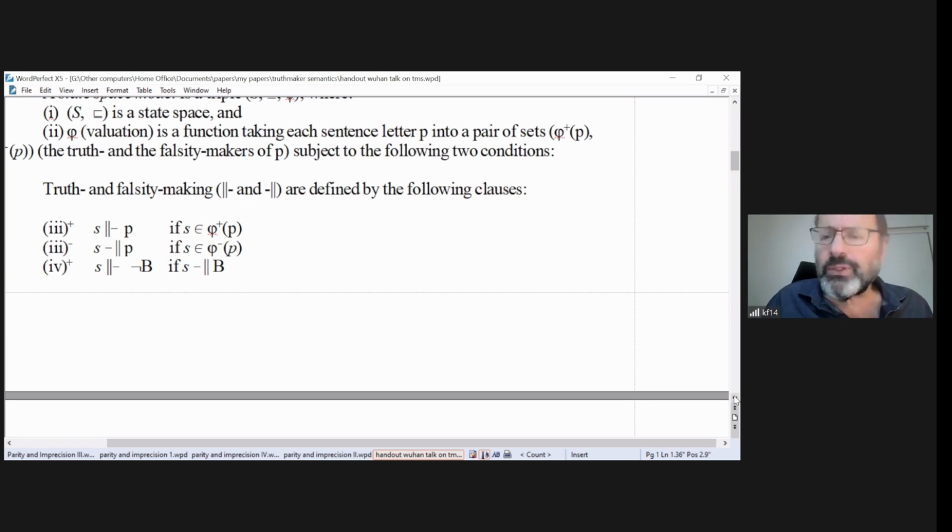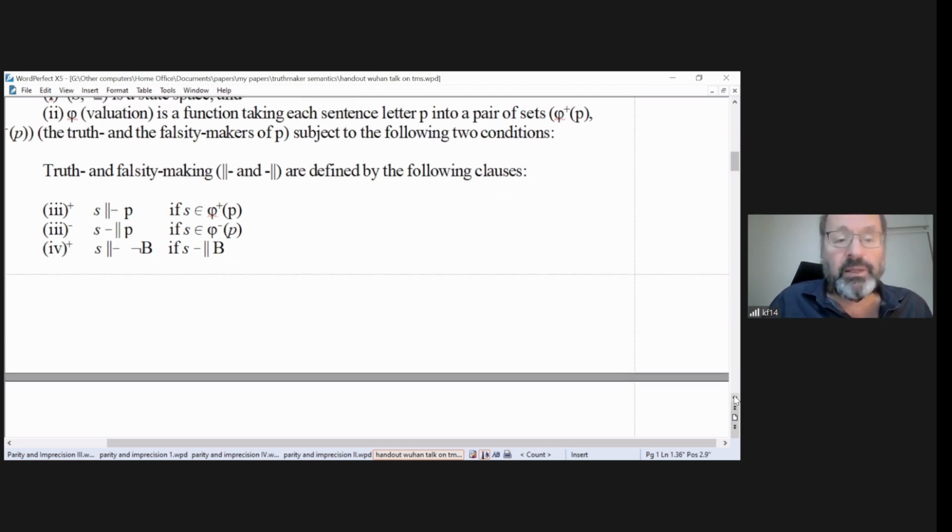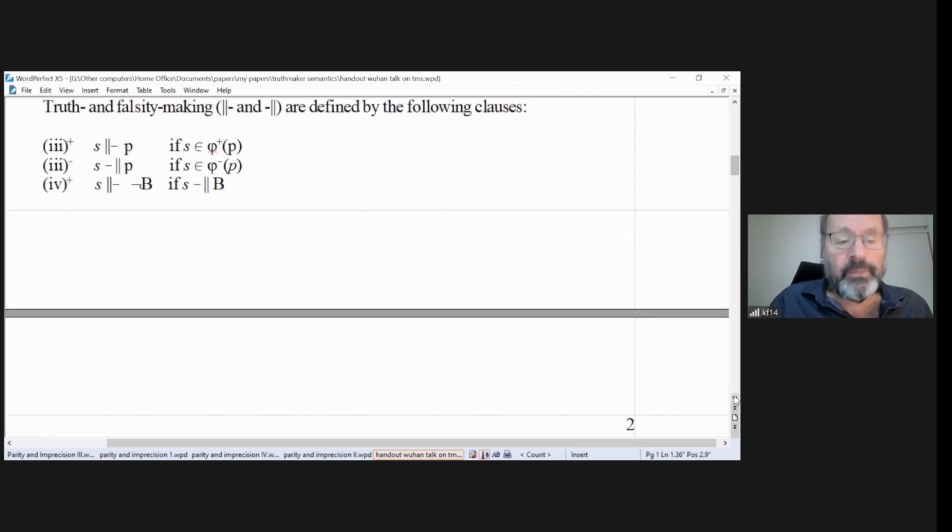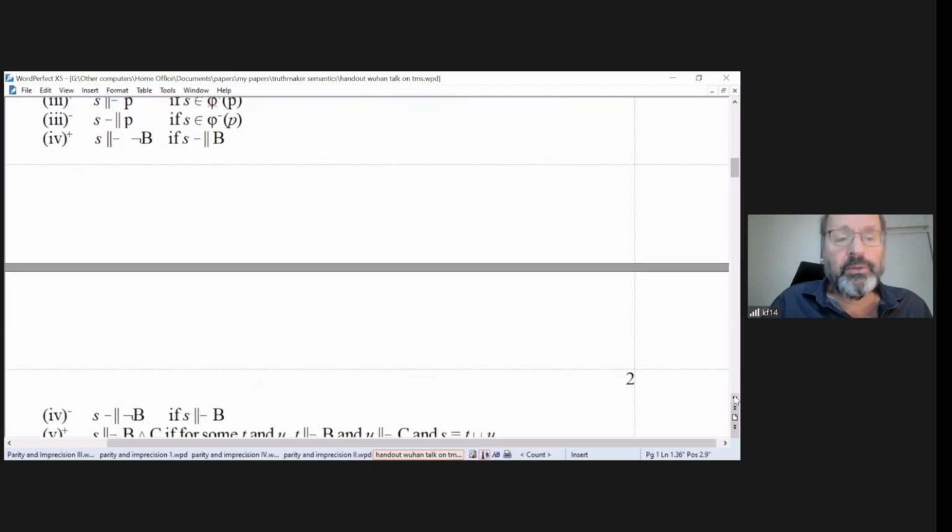So when it comes to the sentence letters, that's simply given by the valuation. I use v-plus for the set of truth makers, v-minus for the set of falsity makers. So s will make p true just in case s belongs to the set of truth makers. s will make p false just in case s belongs to the set of falsity makers. Okay, good.